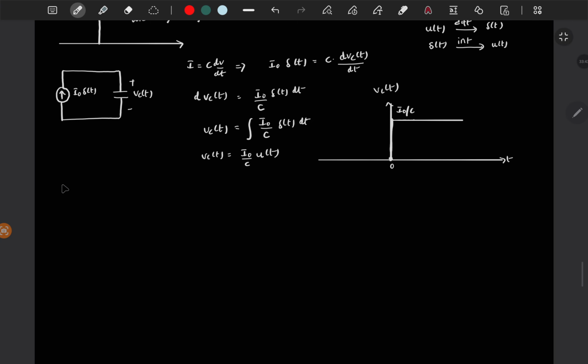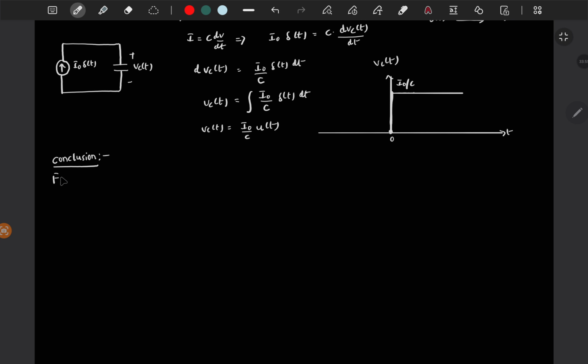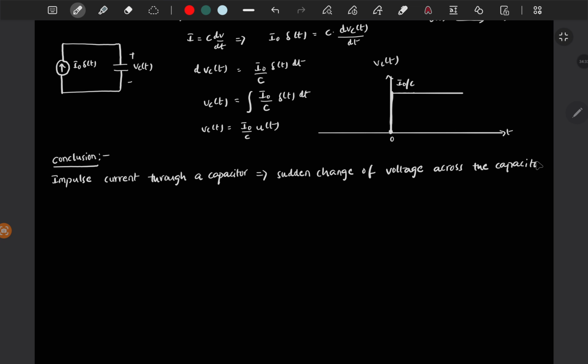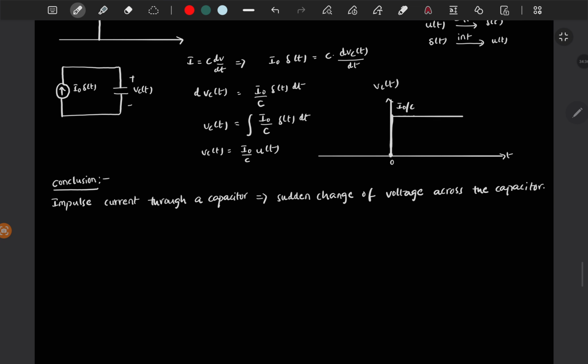So the conclusion is: impulse current through a capacitor implies sudden change of voltage across the capacitor. So this is one way.